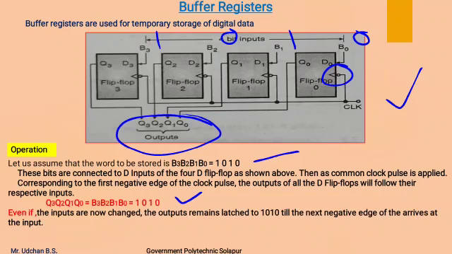Even if the inputs are now changed, means if I change this to a 0, this to a 1, this to a 0 and this to a 1, the output will not change. It remains latched as 1010 till the next negative edge of the clock arrives. So this is how at the first negative edge of the clock the outputs are latched and stored into the register.